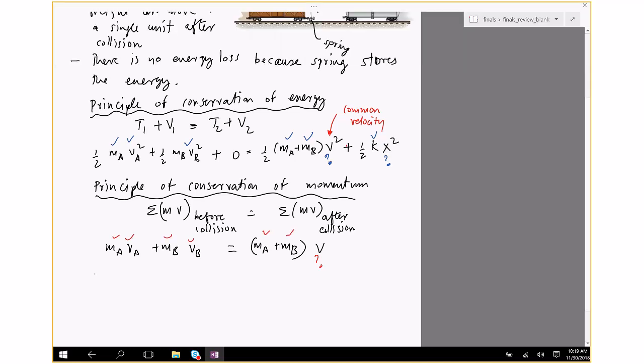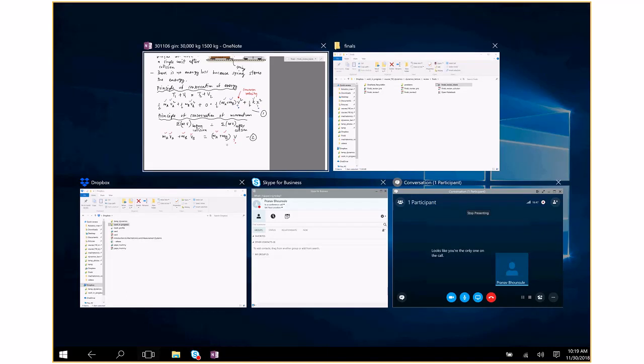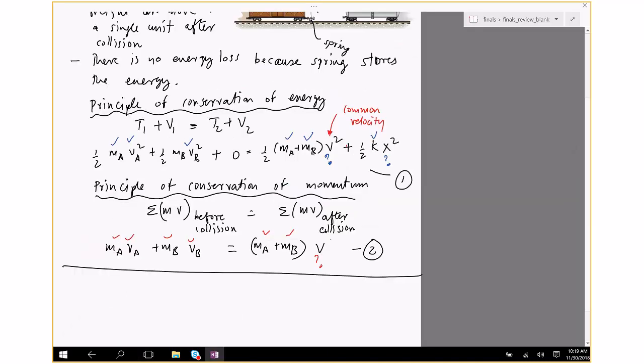So solve for V using equation 1, and this is just a matter of plugging in the values.